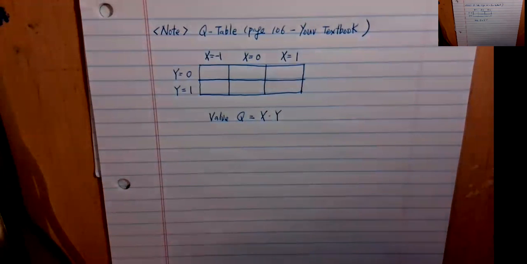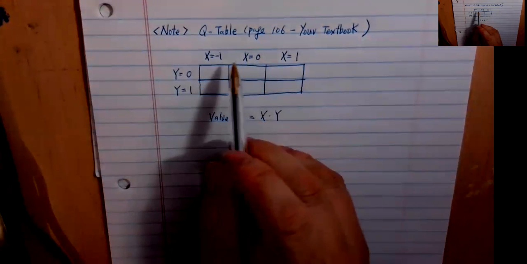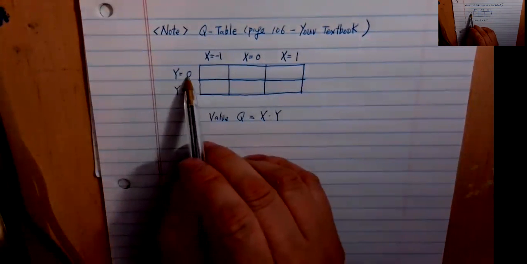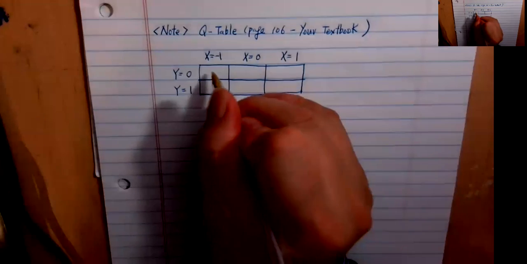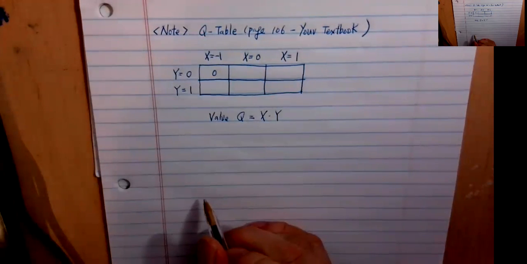So when X is -1, Y is 0, X times Y is just 0. When X is -1, Y is 1, X times Y is -1. When X is 0, Y is 0, X times Y is 0. When X is 0, Y is 1, 0 times 1 is still 0. When X is 1, Y is 0, X times Y is still 0.